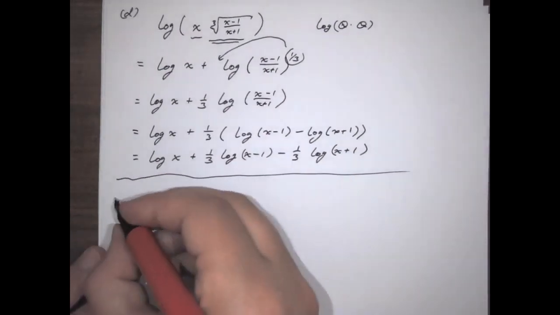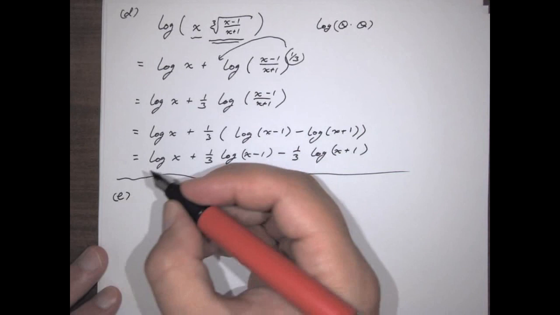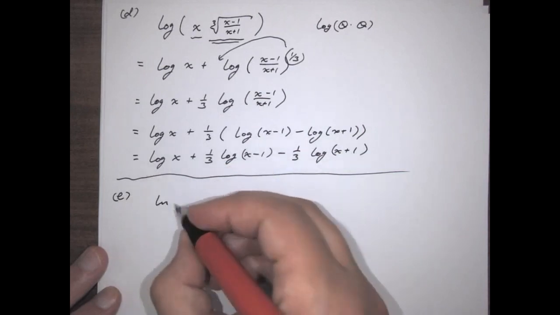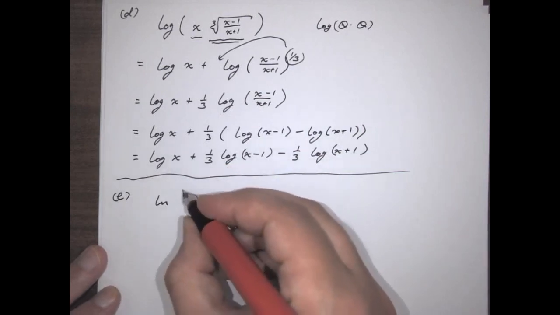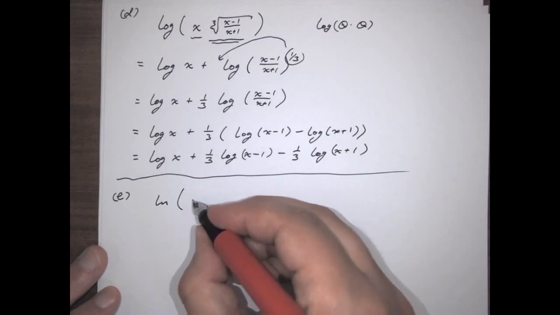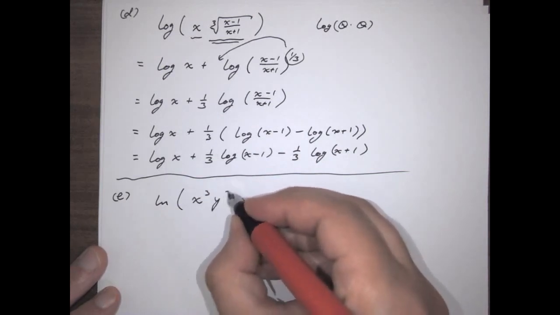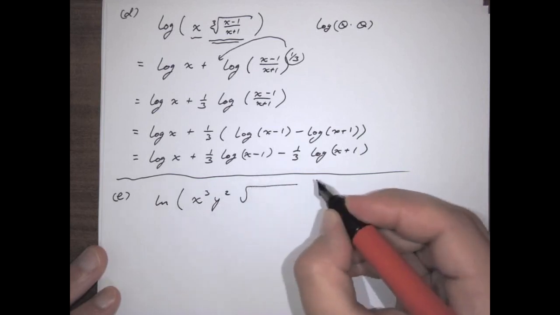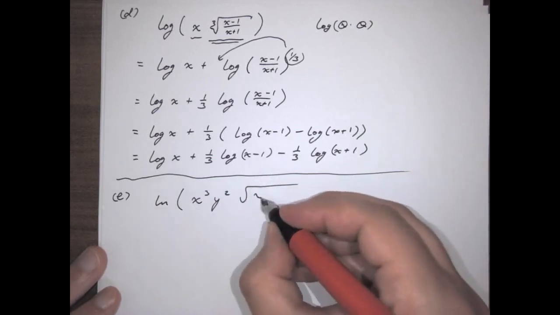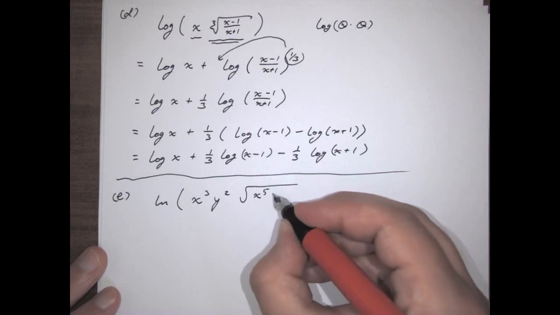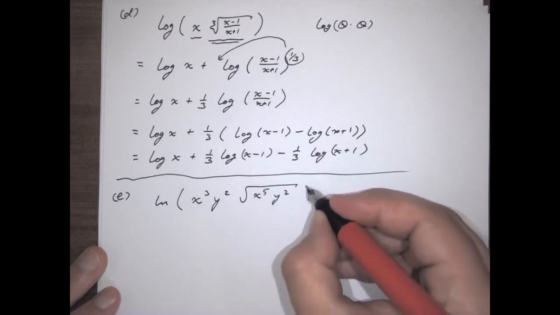Now let's take the natural log of x to the third y squared square root of x to the fifth y squared.